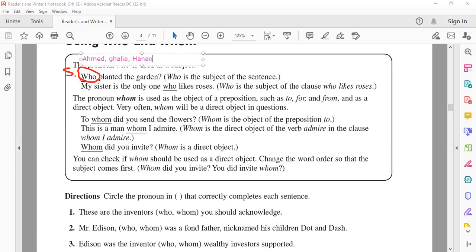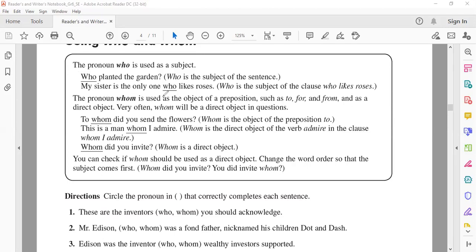Maybe Hanan planted the garden. Maybe Watin, maybe Leen, maybe Malak. So we don't know, but we know there's a person who planted the garden. So that's why I put who. Who is used to ask about the person who did the thing, or the subject who did the thing, inside the question. So who always stands for a subject.